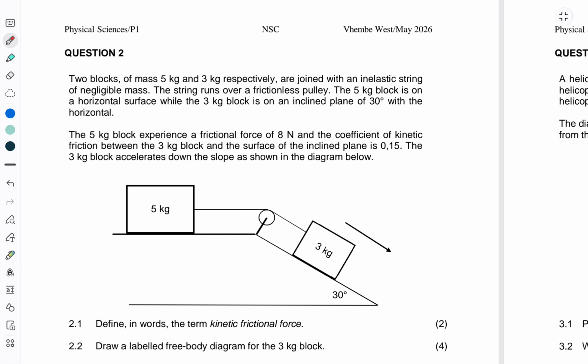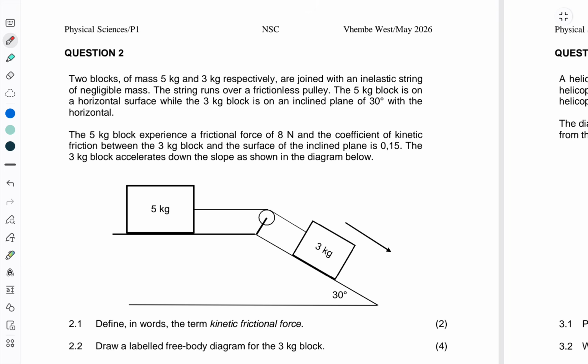They are joined using an inelastic string of negligible mass. The string runs over a frictionless pulley. Okay, so we shouldn't worry about the friction in the pulley. The 5 kilogram block is on a horizontal surface, while the 3 kilogram block is on an inclined surface of 30 degrees with the horizontal. Okay, there's not much yet.